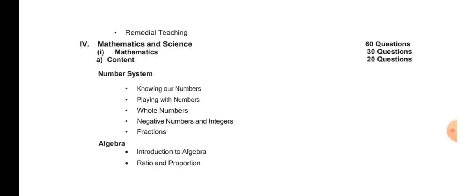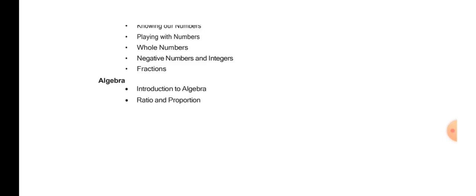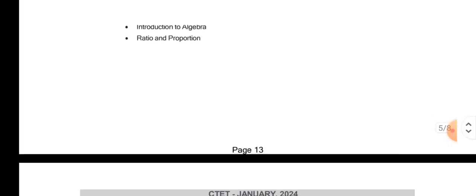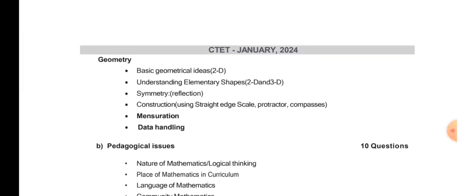Now let's see algebra, introduction to algebra. You should know ratios, you should know proportions, basic geometrical ideas, you should have understanding of elementary shapes, 2D shapes, 3D shapes, symmetry.